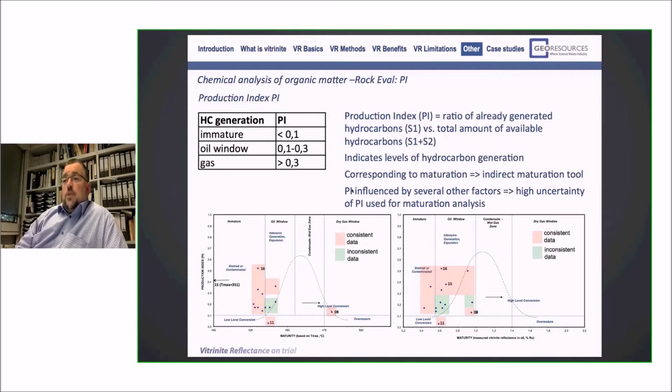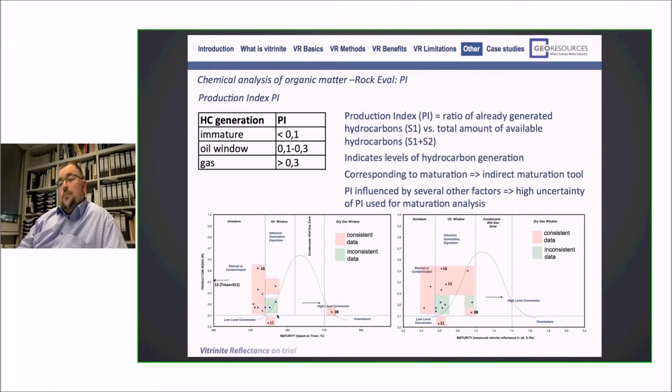But the production index, of course, is influenced by several other factors than the maturation. And therefore, there's a high uncertainty in PI used for maturation analysis. I just showed two figures here from a study in the Mesozoic of South America, where we see the data points.